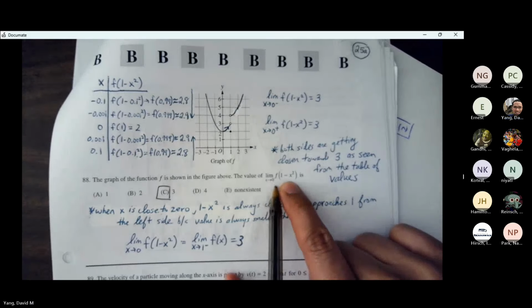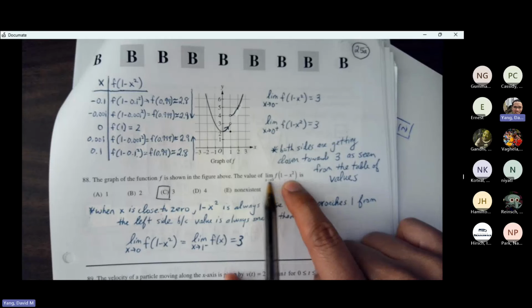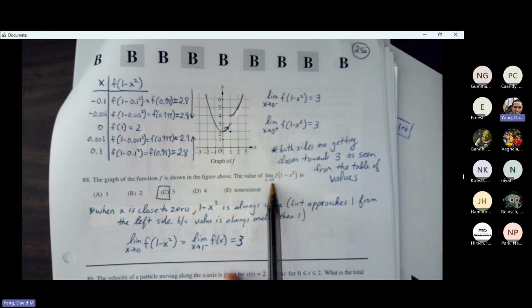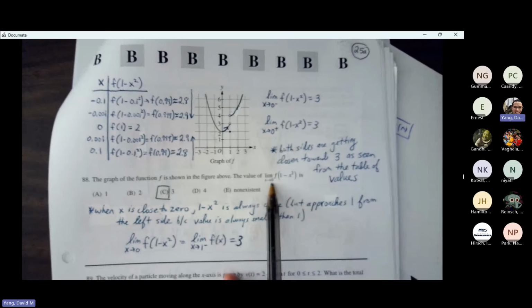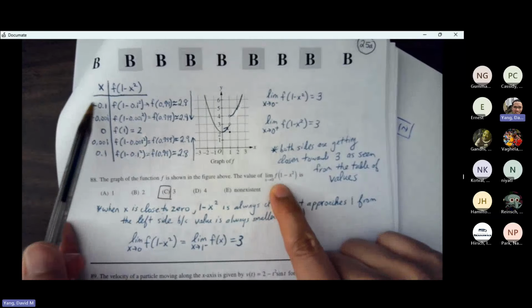So I think the easiest way to demonstrate this problem is to think in terms of one-sided limits. If we're approaching 0 from the left side of 0, so let's say negative 0.1, and then negative 0.001, and then negative 0.0001, as we get closer towards 0, let me demonstrate what that could look like.